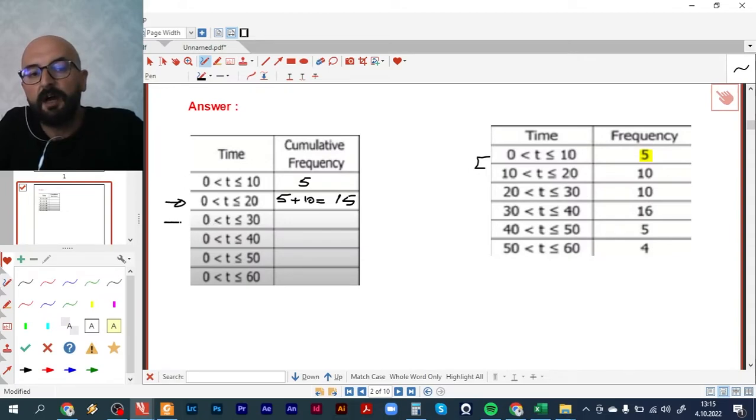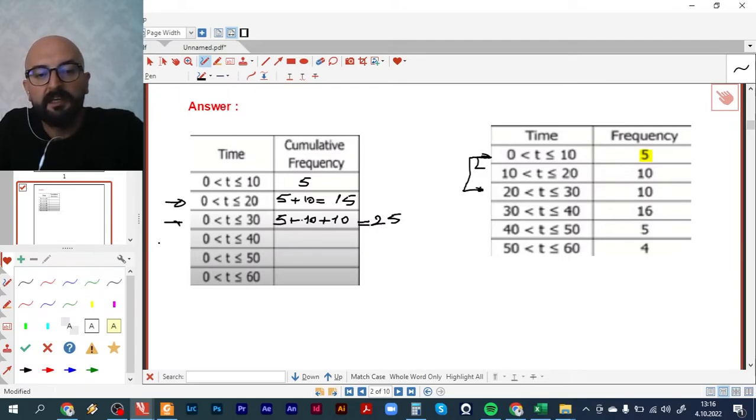To fill up the next box, between 0 and 30, we should add up the first three columns: between 0 and 10 frequency 5, plus between 10 and 20 frequency 10, plus between 20 and 30 frequency 10, so it equals 25.